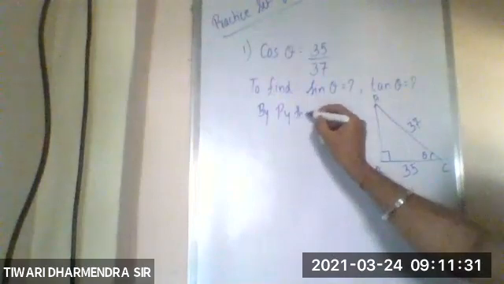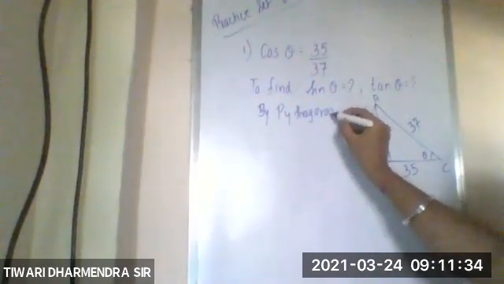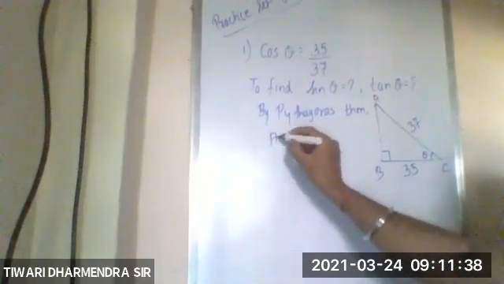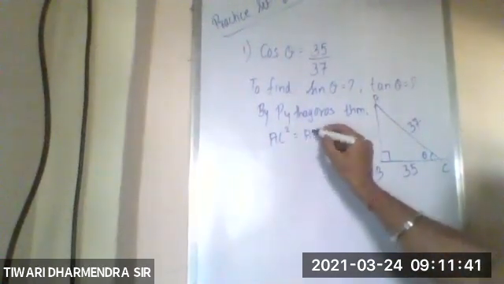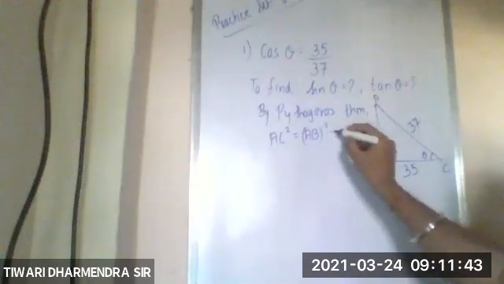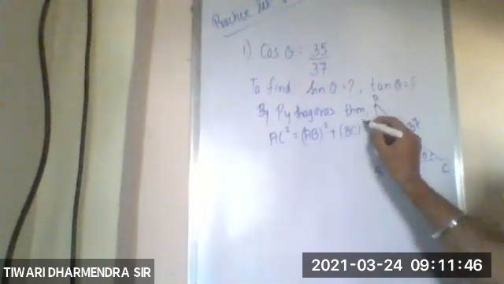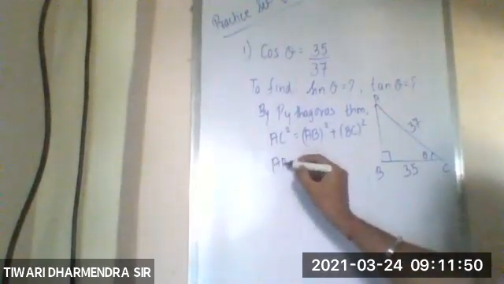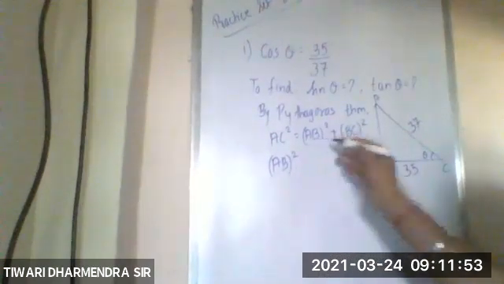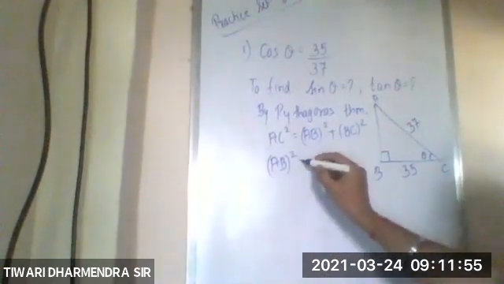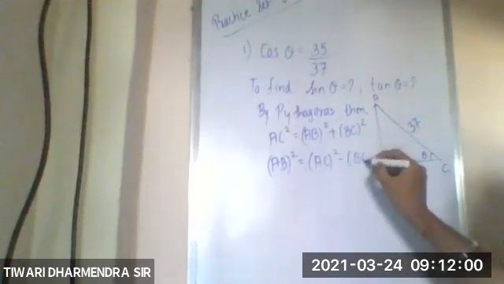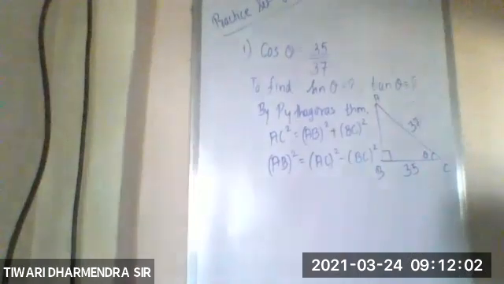By Pythagoras theorem, AC square is equal to AB square plus BC square. What do we want? We want AB square. So keep AB on one side, taking BC to the other side it becomes negative. So AB square is AC square minus BC square.